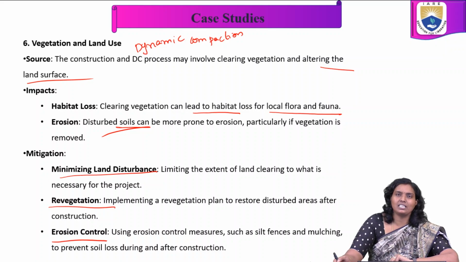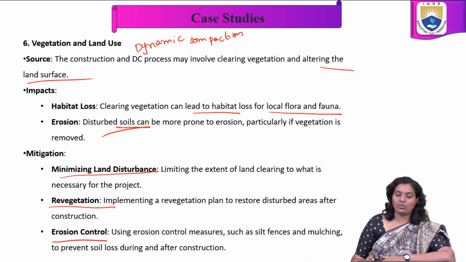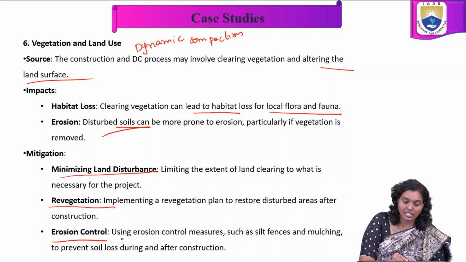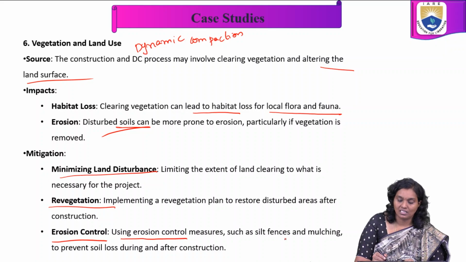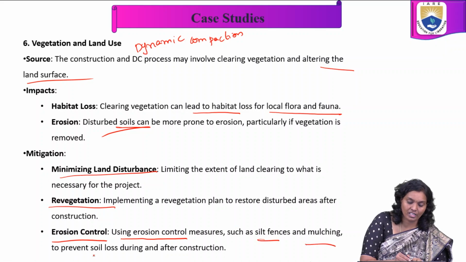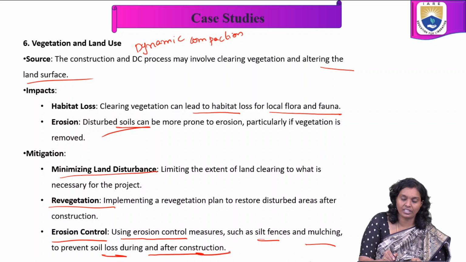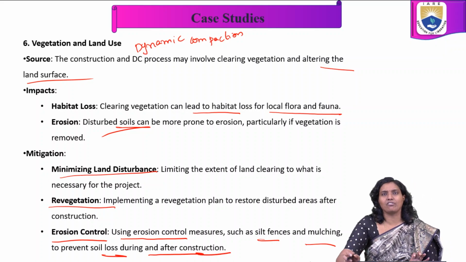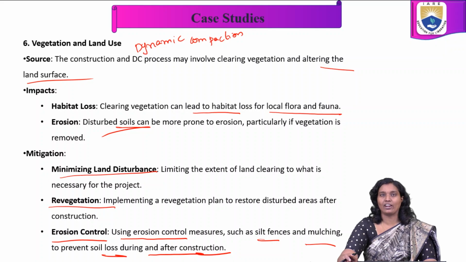In revegetation, implement a revegetation plan to restore disturbed areas after construction. In erosion control, use erosion control measures such as silt fences and mulching to prevent soil loss during and after construction. So these are the things involved in vegetation and land use.